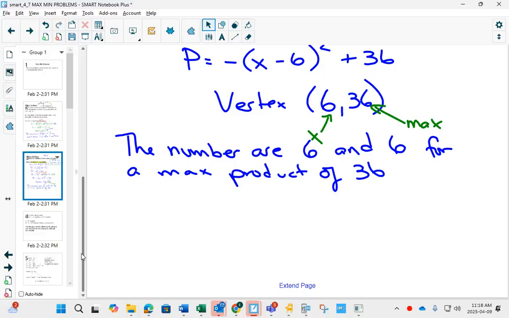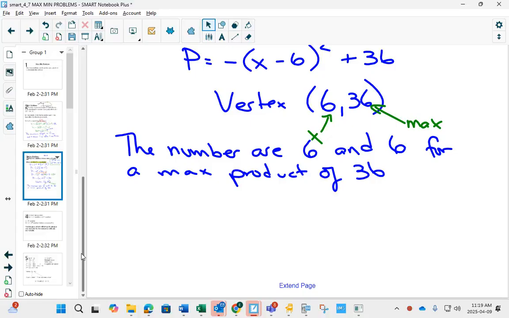Now, if we started to guess and check, like 7 and 5, what's the product? 35. 8 and 4, 32. 9 and 3, 27. 6 and 6, 36. Now, just guessing whole numbers, I would have guessed 6 and 6 would have been the maximum. But what numbers haven't I even tried? I haven't tried decimals.